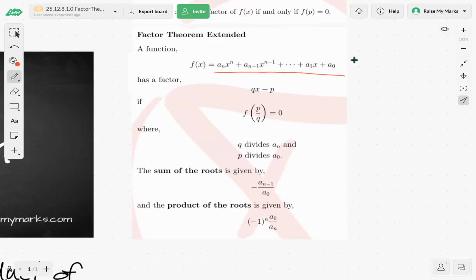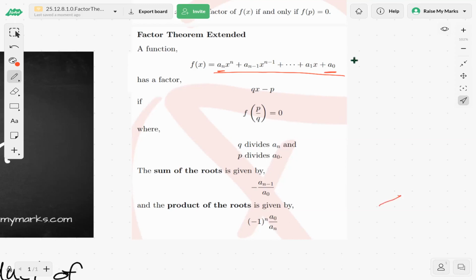It has a factor q times x minus p if f evaluated at p over q equals 0, where, and this is the interesting part, q divides an and p divides a0. So what this means is q is a factor of the leading coefficient and p is a factor of the constant.